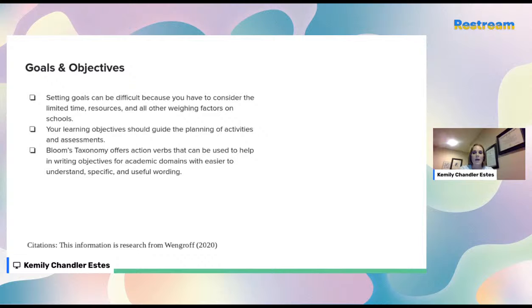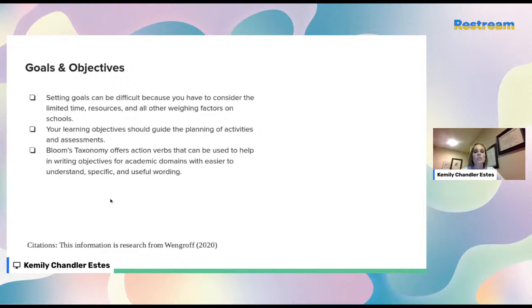So if you have a specific objective that you want to accomplish, you have to make sure that you have enough time for that objective to follow through with it all the way. You also have to make sure that you have resources available at your school to accomplish that. So when you're setting your goals and objectives, consider all of the different factors that play into it.